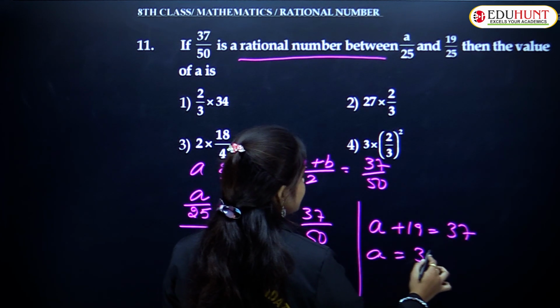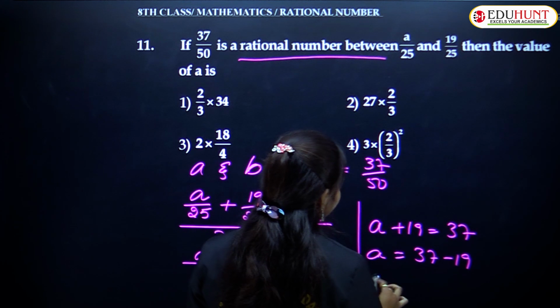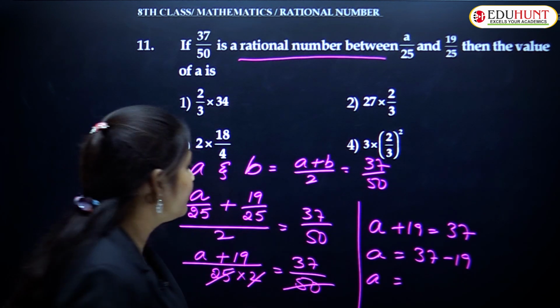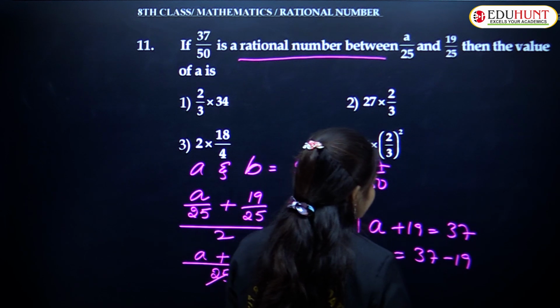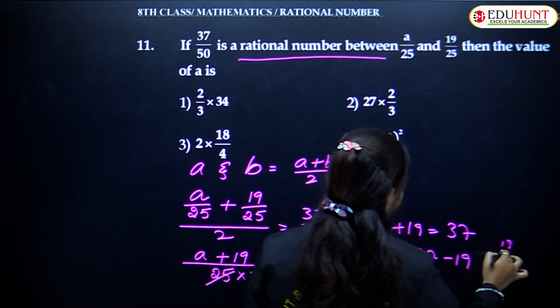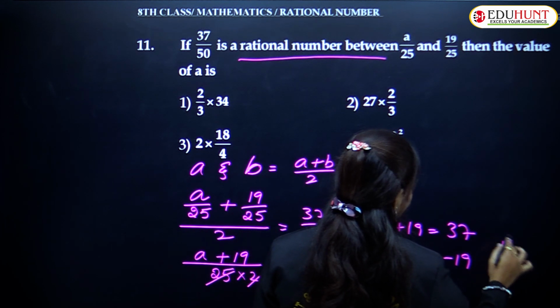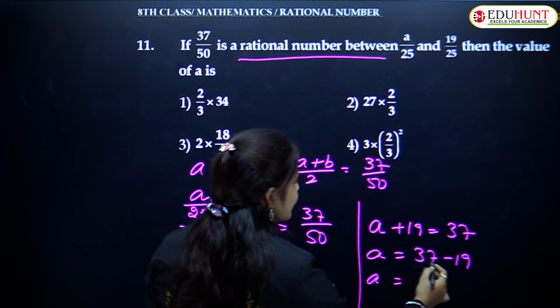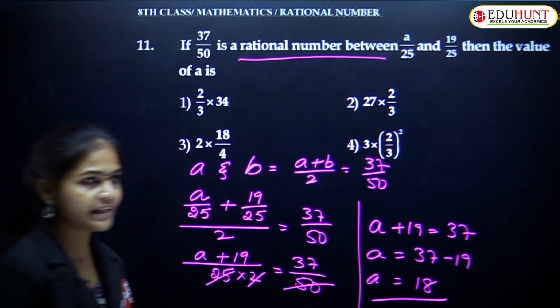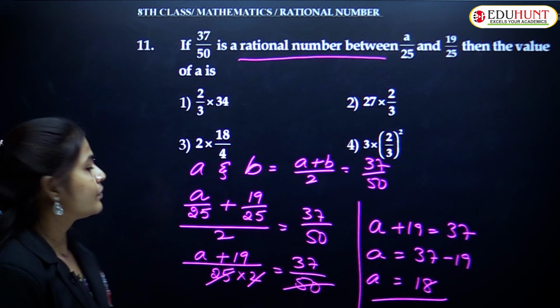So A is equal to 37 minus 19. So A is equal to, how much is it here? Yes, 18. A is equal to 37 minus 19, which is equal to 18. A is equal to 18.